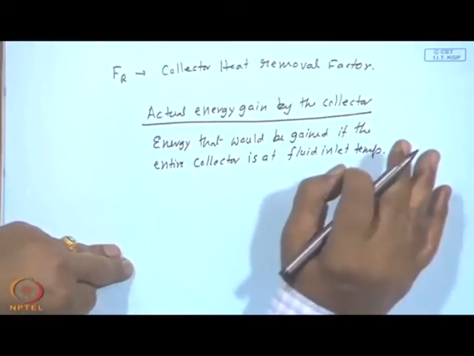That means this is the minimum loss that would take place, consequently it will give me the maximum amount of energy gain. So, that compared to the actual energy gain is the ratio of FR.